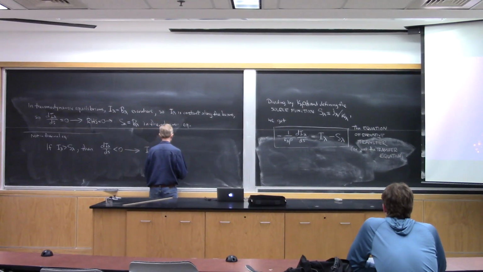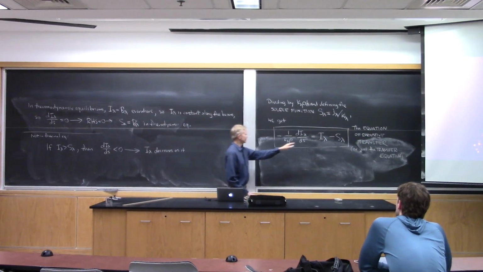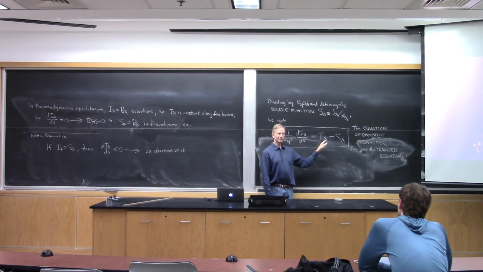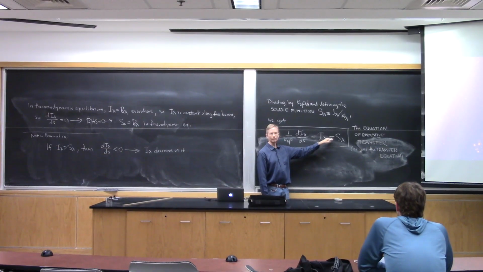So I lambda decreases as it approaches S lambda, because the smaller I lambda gets, the smaller I lambda minus S lambda gets, and so it will approach S lambda. In general it takes an infinite distance to get there, but if it got to the point where they were equal, then it stops changing.